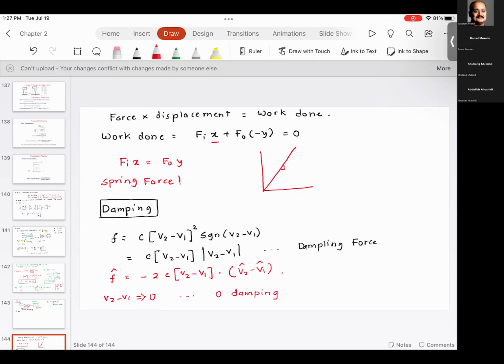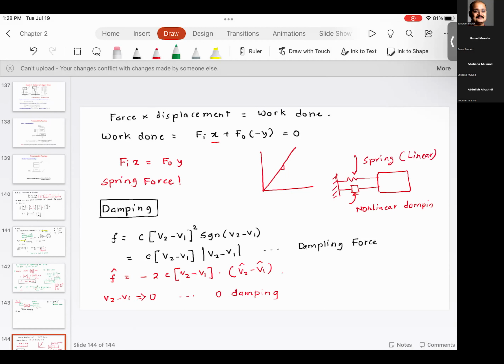So if you have a system like this, how does it account for a system which has a nonlinear damping? So this is the nonlinear damping. And you have this spring, which is a linear spring.